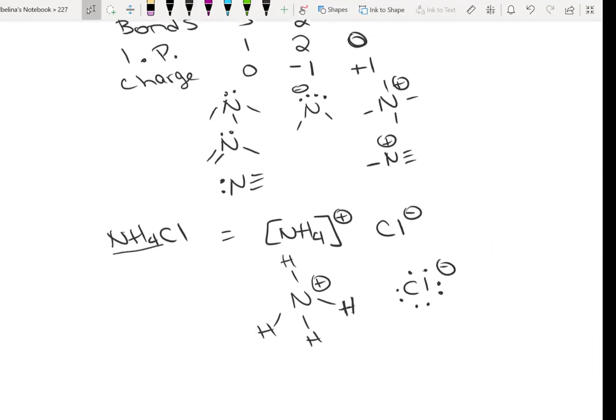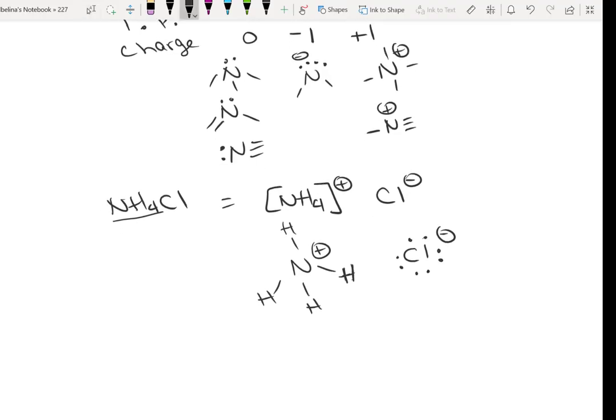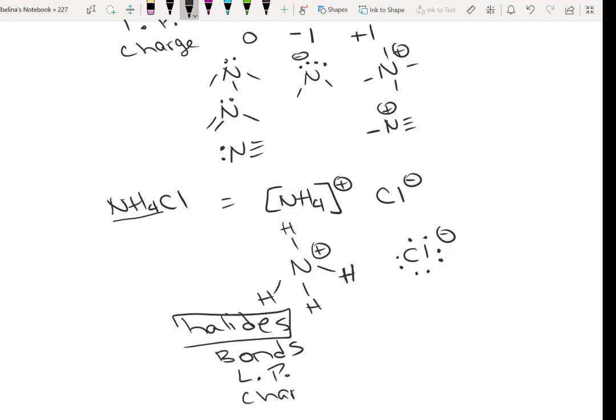Very quickly we could summarize the halides just how we did for nitrogen and oxygen. This is a short list: the bonds, the lone pairs, and the charge for the halides. The halides are chlorine, bromine, iodine, or fluorine.